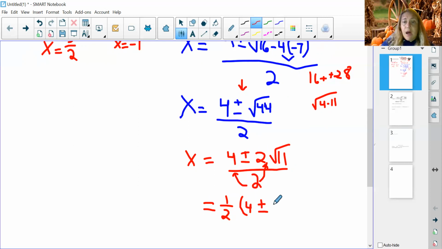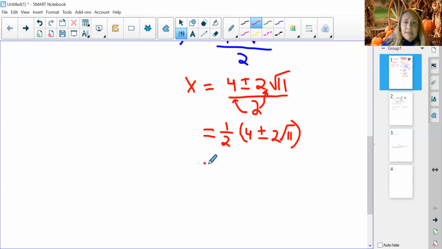parts of this sum. All right, but this right here is a product, right? And so when I distribute a half times 2, this is all a product. Okay, and so this would result in simplest radical form, 2 plus or minus radical 11.